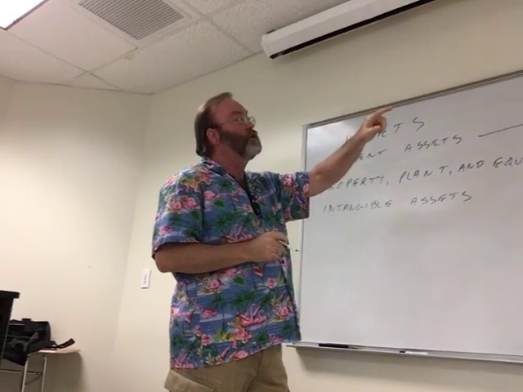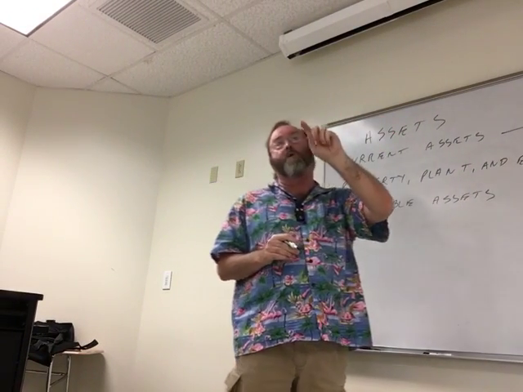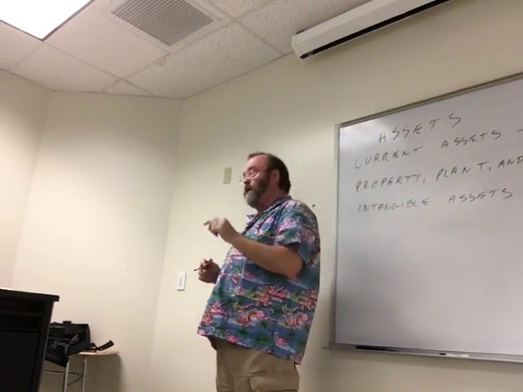Okay? So what we're going to do is I'm going to do 2 examples on the board of a classified balance sheet and then one of a multi-step income statement.